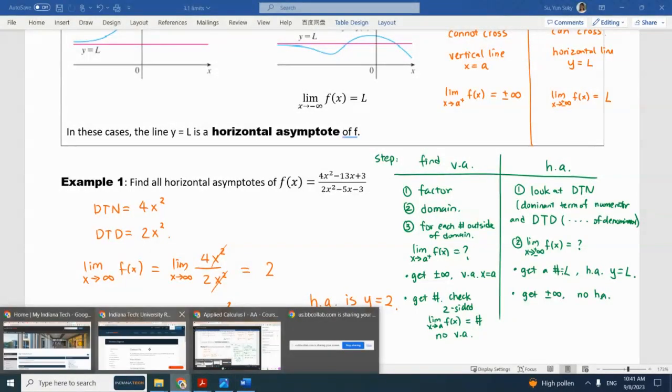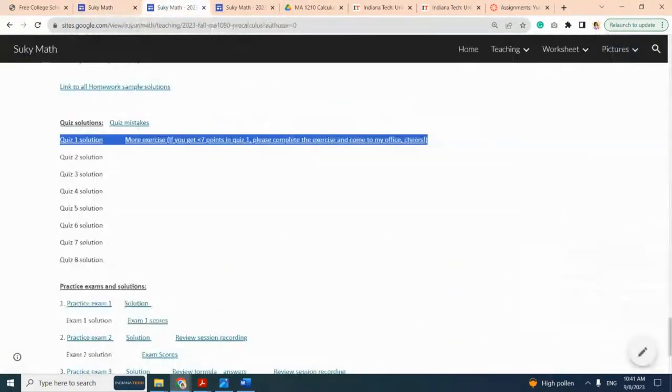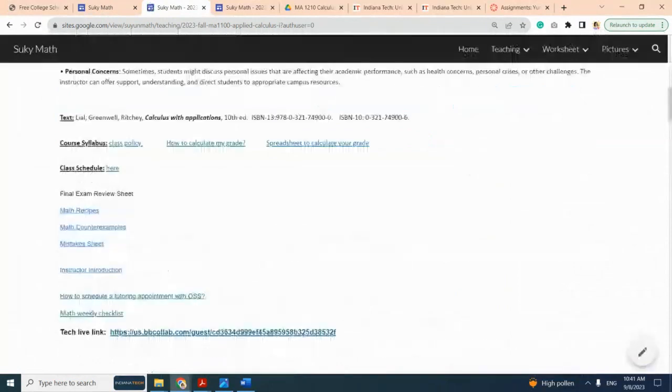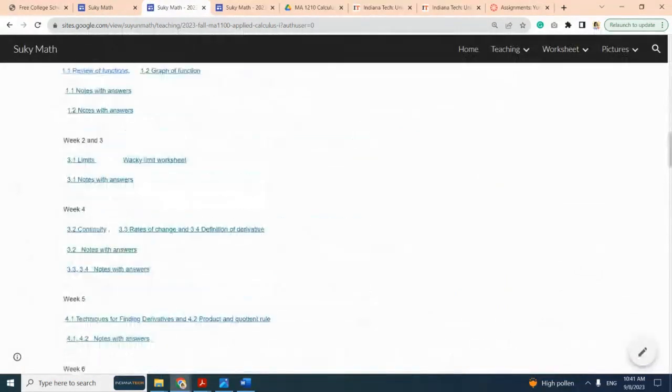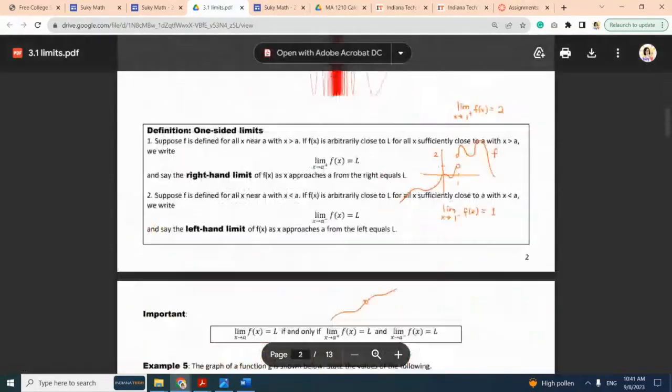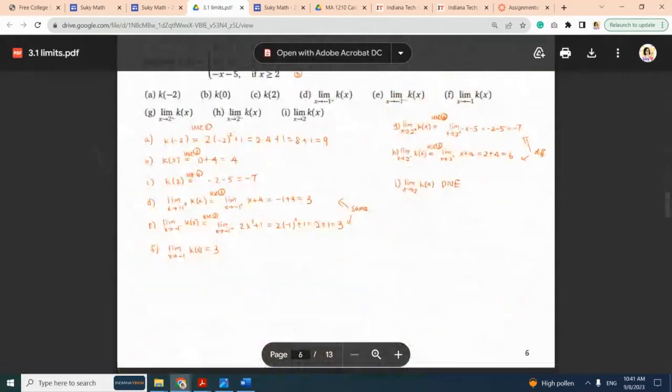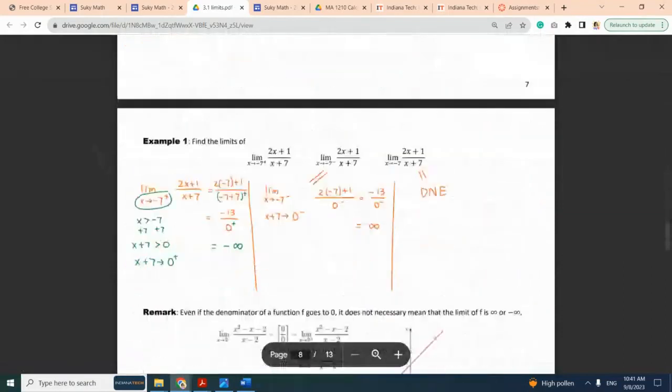Let me talk about this more. Let me go to our website, 3.1 notes with answers. I want to talk about a formal proof of this.